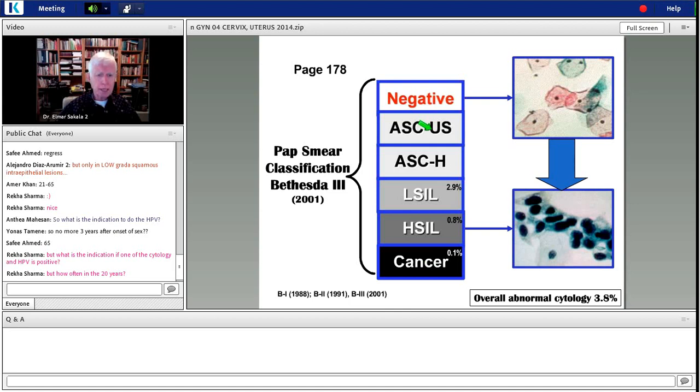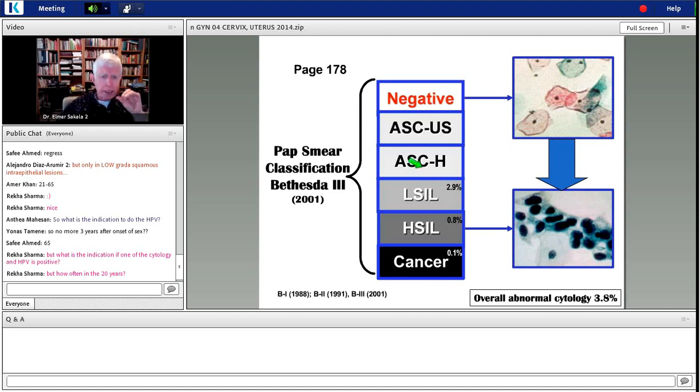If I rearrange this, I might go negative, ASC-US, and then LSIL would be right following this. Then ASC-H, which would be followed by HSIL. And I'll talk about this more later. It is in the book. ASC-US is a concern that it could be LSIL, but there's not quite enough to make that distinction.